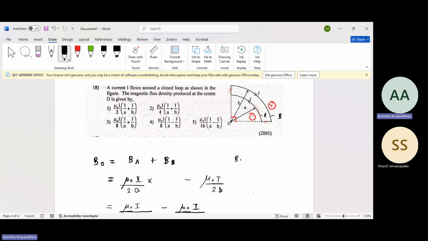Not I over 2R. At the center, mu naught N I over 2R is for a complete circular loop.